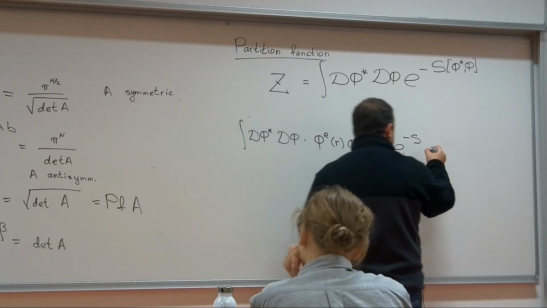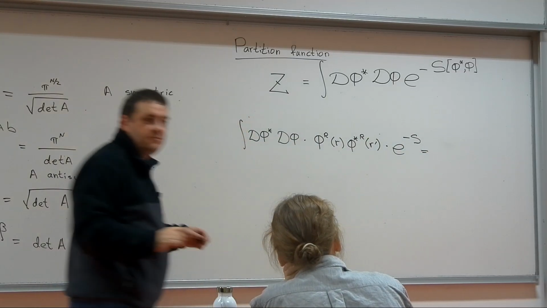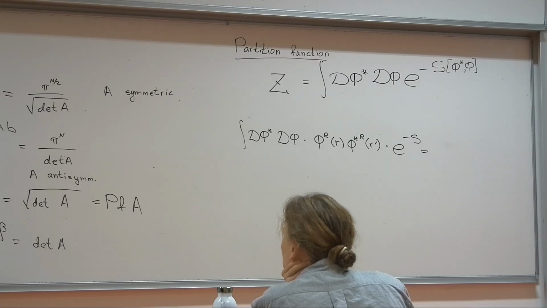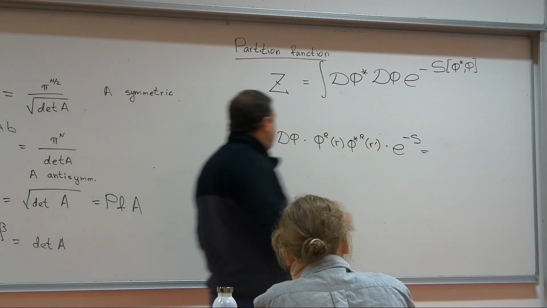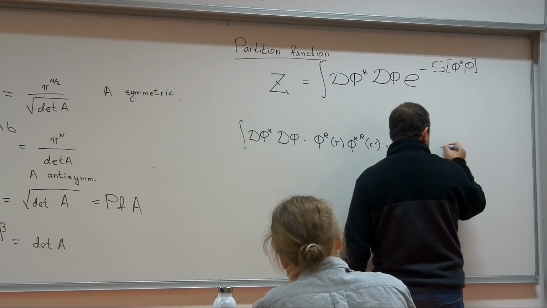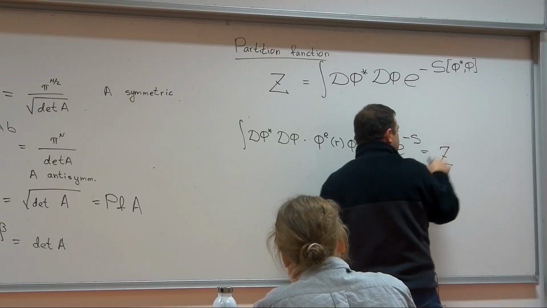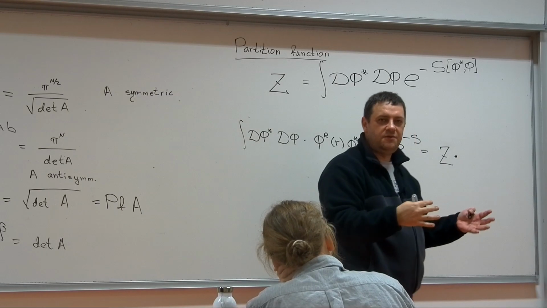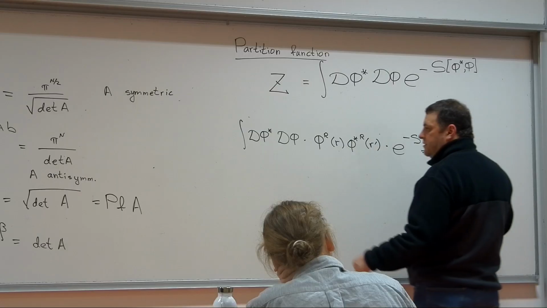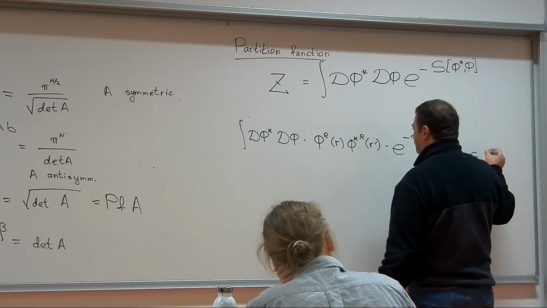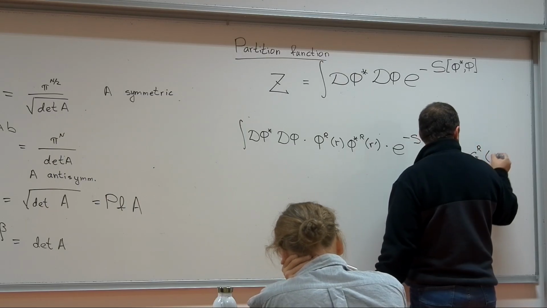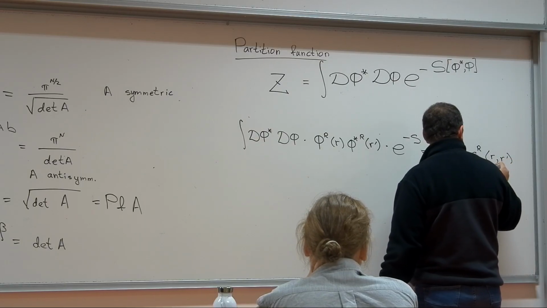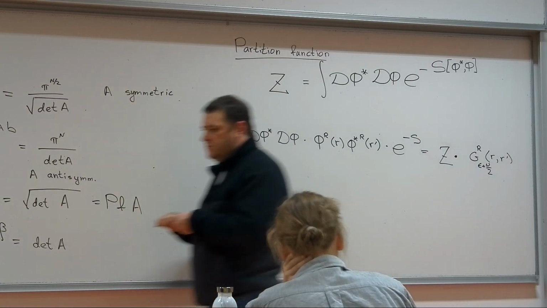This thing is also known. It's not in this list of examples, but it's quite easy to derive. And actually, it equals Z itself, times something extra. And this something extra is the retarded Green function taken between points r and r prime at energy epsilon plus omega over 2, with a number that I do not remember.